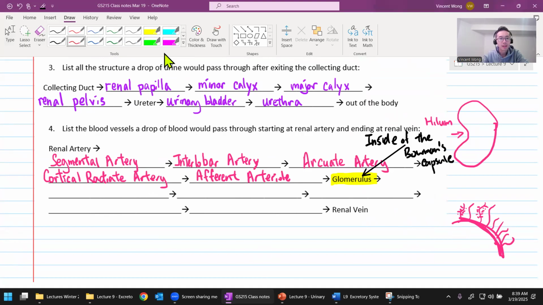Now, from the glomerulus, where does it go? Whatever is not filtered out is going to leave through the efferent arteriole.